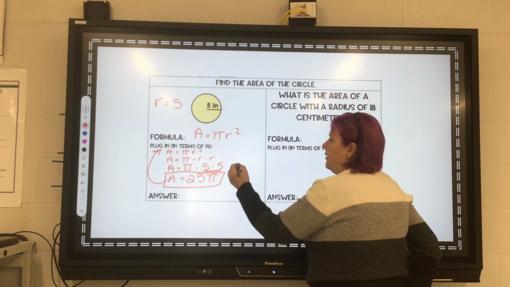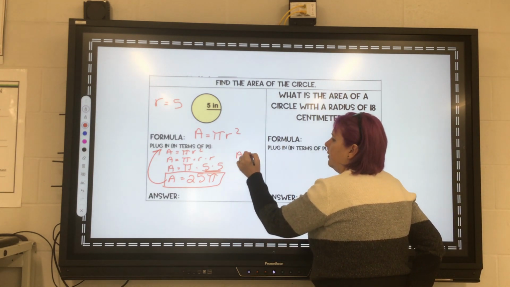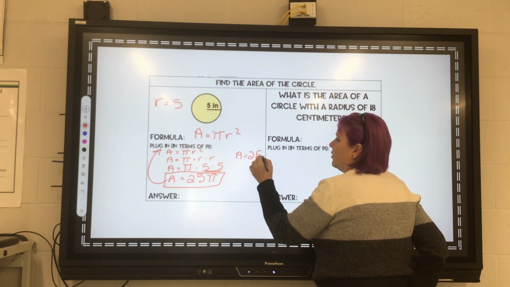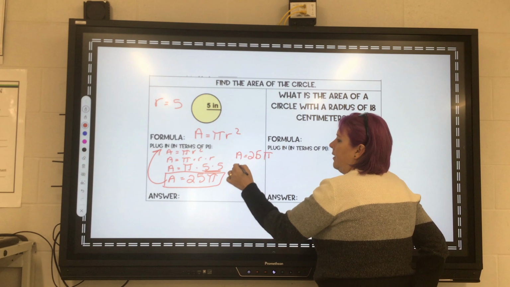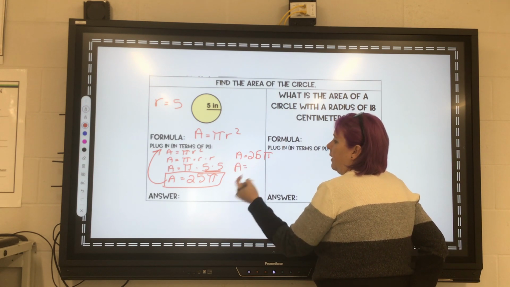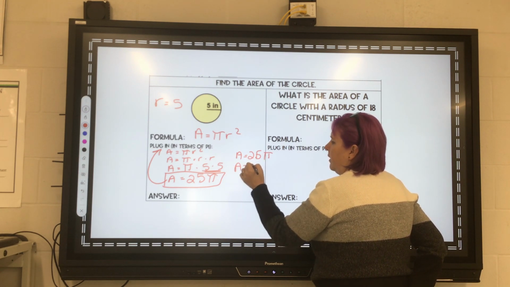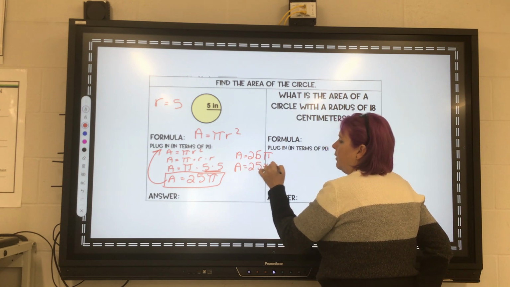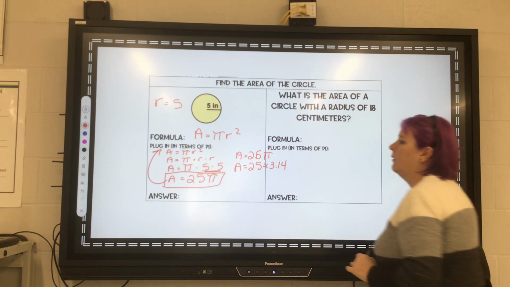Then I can take my area in terms of pi, A equals 25 pi, and plug in my number for pi, so it's 25 times 3.14.